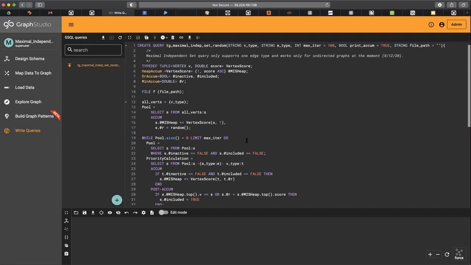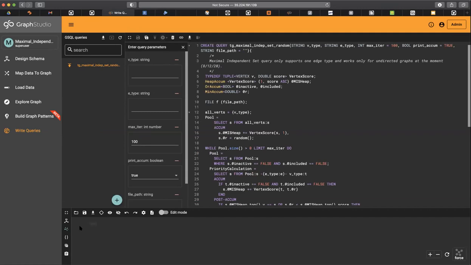Now, finding the largest independent set, the maximum independent set, is actually an unsolved problem and has been for a long time, and probably will be for a very long time, depending on your opinion on P versus NP. But needless to say, it is incredibly computationally complex. So we oftentimes rely on this algorithm, maximal independent set, which gives you, once again, a stochastic result. It's just a heuristic to try to find a subset of vertices that are not connected to one another.